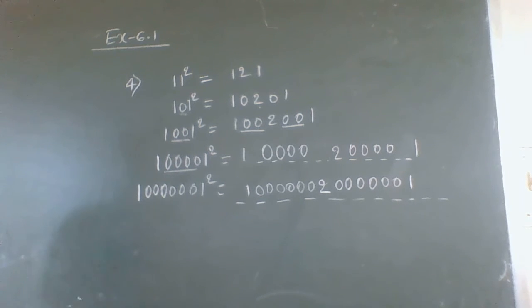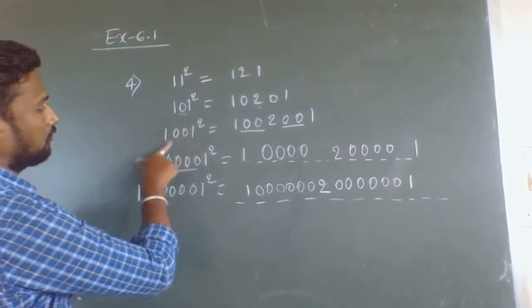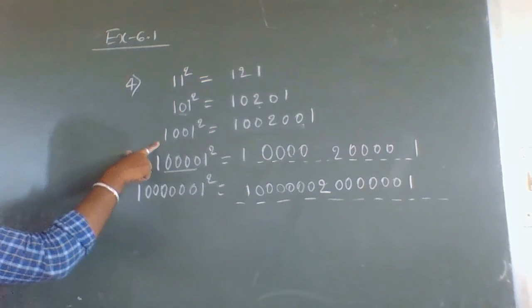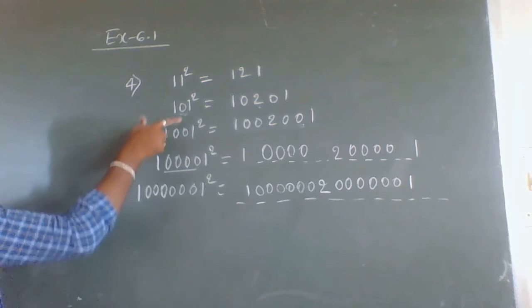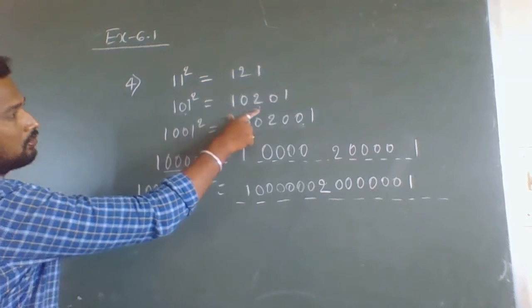So this is how to observe the pattern they have given. What they have given here? First 3 patterns they have given. By using these 3 patterns, we should write these 2 answers. So here you can observe only 1 zero is there. So what they did?